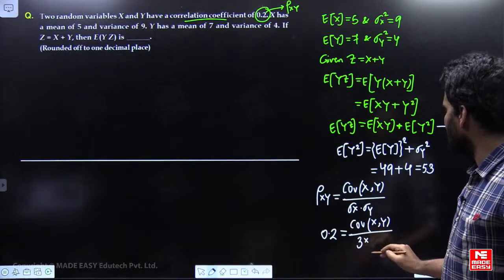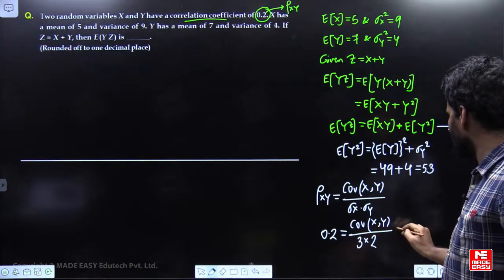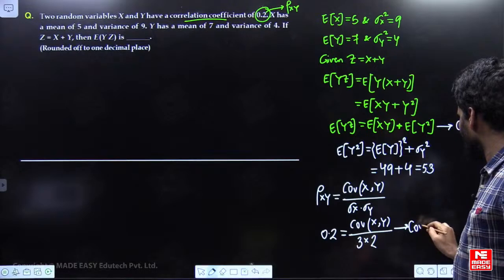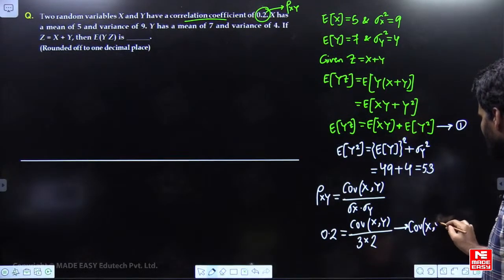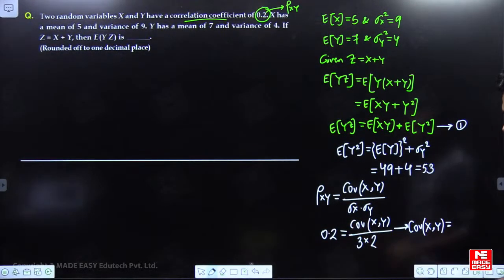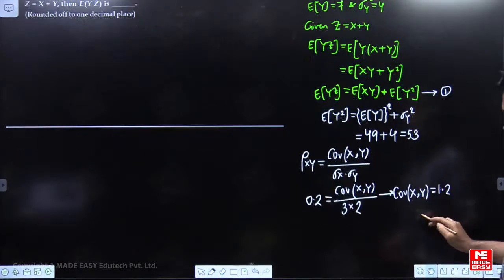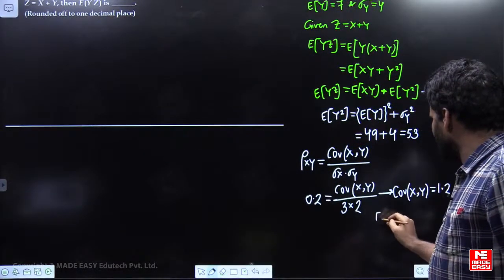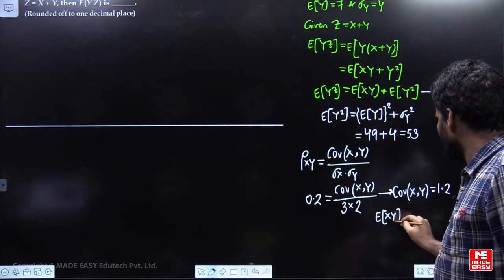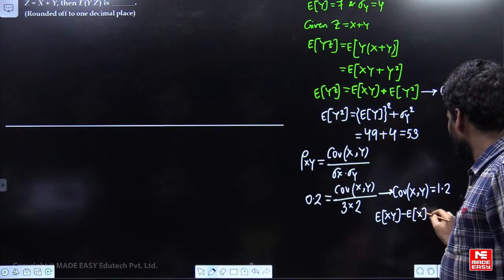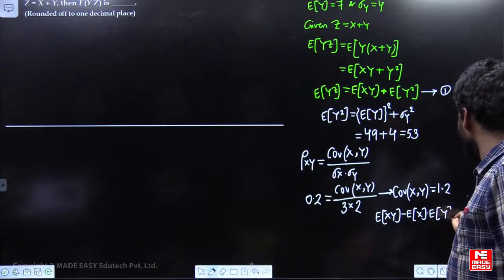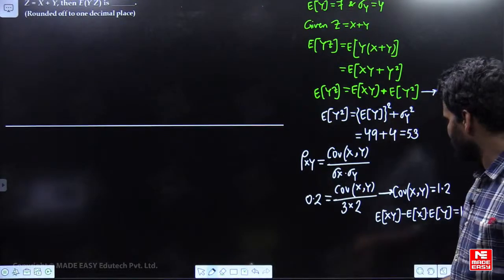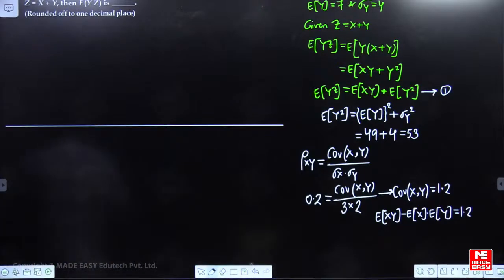Sigma x square is 9, so sigma x is 3, and sigma y is 2. So the covariance between these two random variables will be 0.2 times 6, which is 1.2. Covariance you can write as expectation of xy minus expectation of x into expectation of y, which is 1.2. So from this you can get expectation of xy.